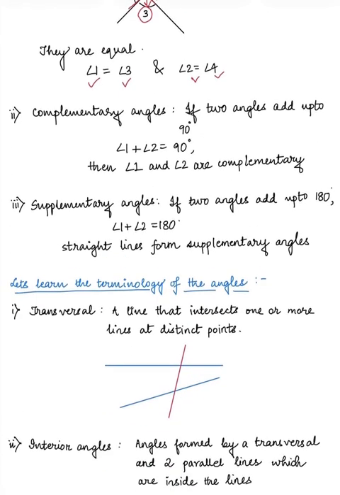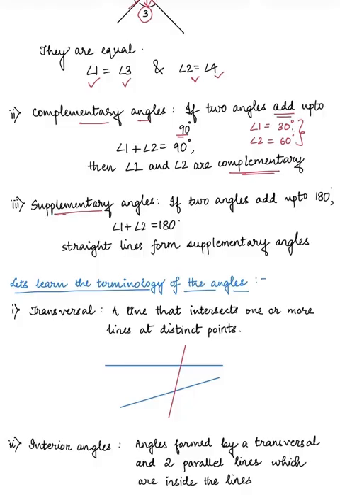Now we know complementary angles. So what are those? If there are two angles which add up to 90 degrees, then they are known to be complementary angles. So if angle 1 is 30 degrees and angle 2 is 60 degrees, then they can be called complementary angles because 30 plus 60 is 90 degrees.